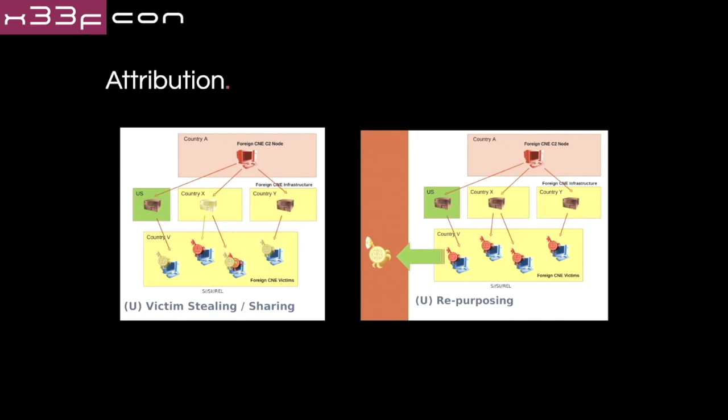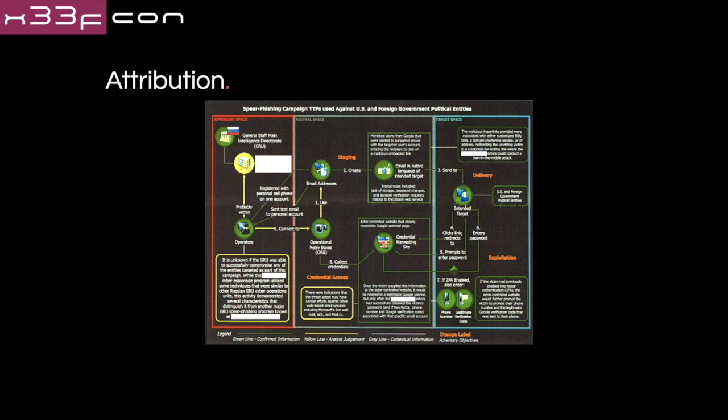So if this is so complex and there are so many ways to hide your presence, how can you actually do attribution? And once again, I will be using some leaked information here. In 2016, Reality Winner, a former NSA employee, leaked this slide deck to the press.